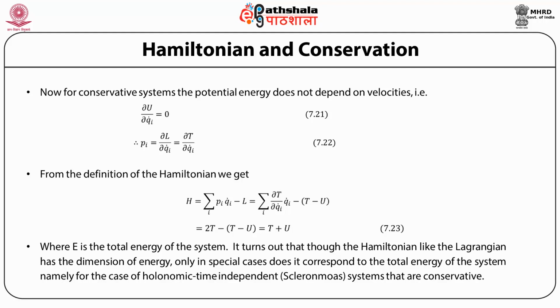So the Hamiltonian H is equal to the total energy of the system only for the case of holonomic and scleronomous systems which are conservative. The Hamiltonian is a function of the generalized coordinates, conjugate momenta, and may also depend explicitly on time.